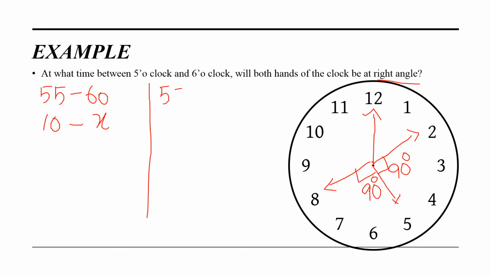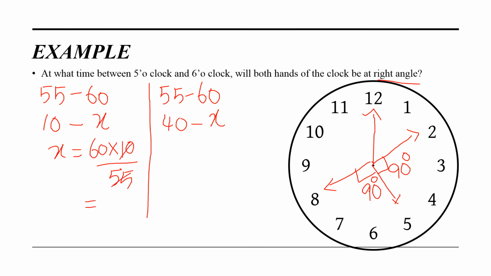That is 55 minute spaces are covered by minute hand in 60 minutes, and here 40 minute spaces are covered by minute hand in x minutes. We need to find these two answers. For this, x is equal to 60 multiplied by 10 divided by 55. If we cancel this, 11 times 2, 60 multiplied by 2 gives you 120. 120 divided by 11 minutes. After 120 by 11 minutes, the hands of the clock will be at right angle.